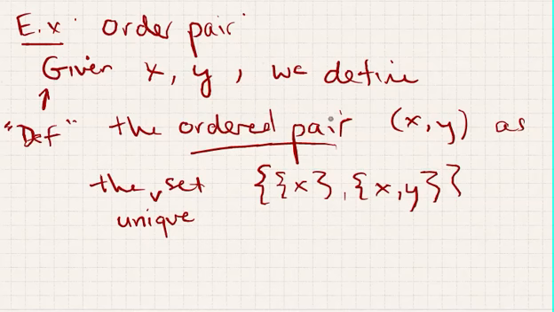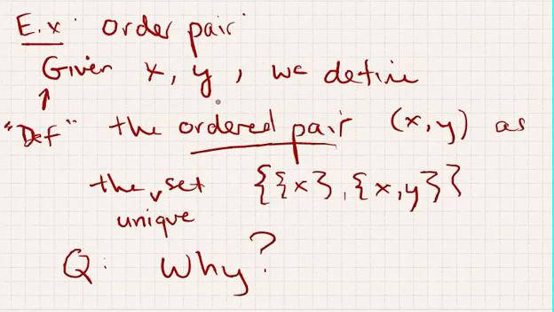Now, it might look confusing. So why would I define the ordered pair as this particular set? So question, why? The reason why is that it satisfies an important property.